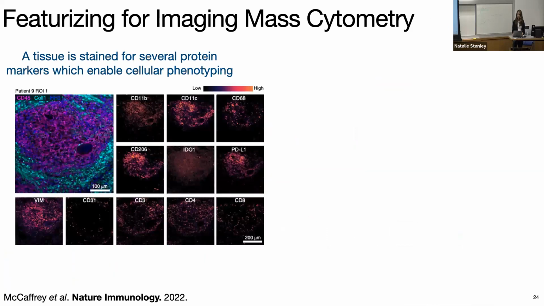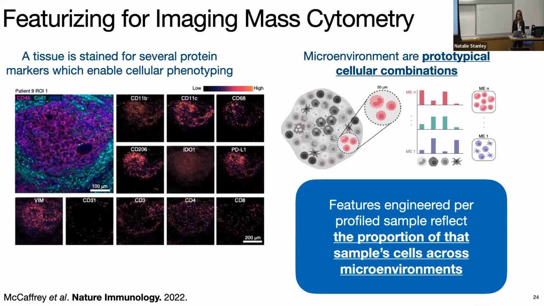Okay, so we solved one problem, but then we quickly encountered another one when we moved to imaging mass cytometry. I mentioned this briefly at the beginning, but in imaging mass cytometry, we want to not only measure proteins in individual cells, but we want to take a picture of the tissue which those cells come from, and then stain them according to all these different markers.